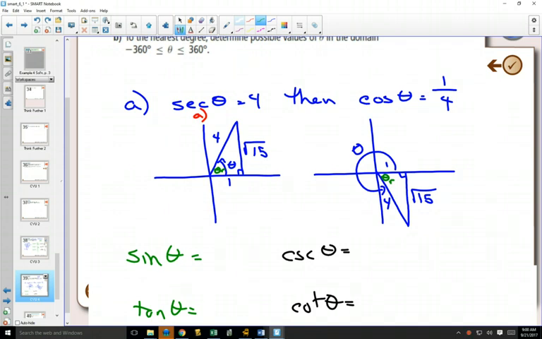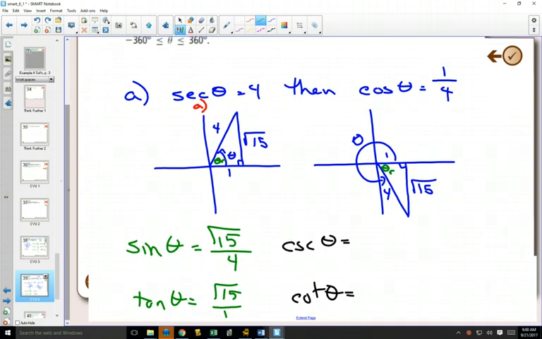Sine, opposite over hypotenuse. Tangent, opposite over adjacent. Cosecant will then be the reciprocal and cotangent will also be the reciprocal.